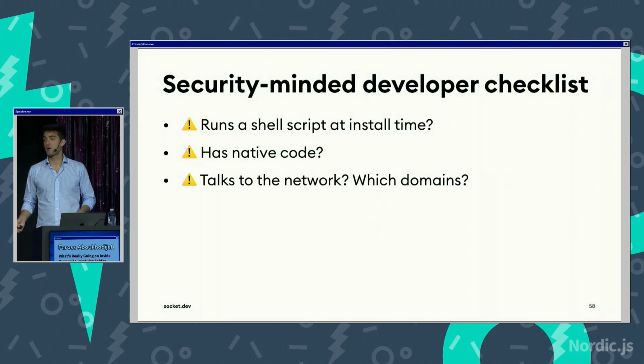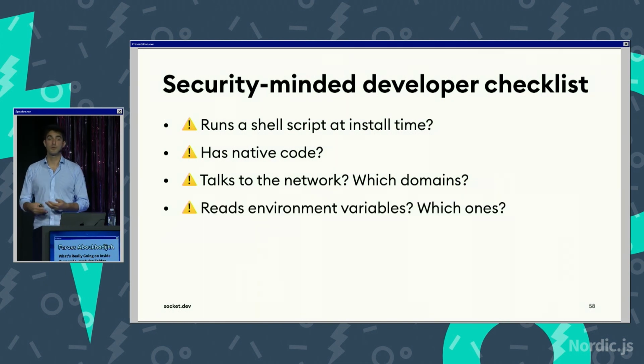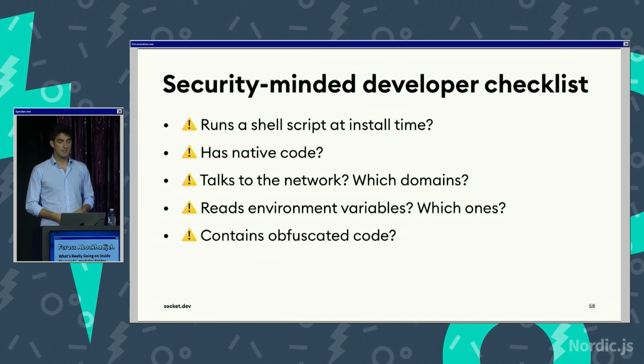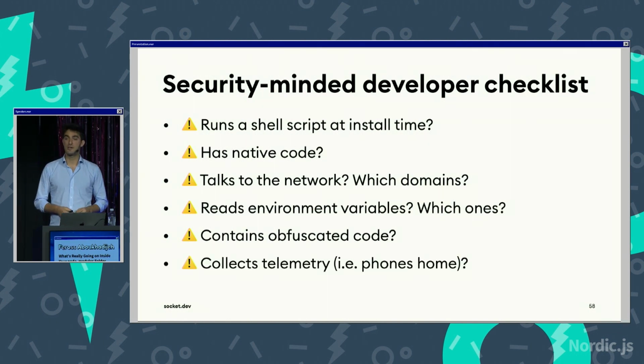Does it talk to the network? If so, which domains? Does it read your environment variables, your tokens and your secrets? And if so, which ones? Does it contain obfuscated code, right? Does it contain that scary blob that I showed you earlier where you don't even know what it's doing? Does it collect telemetry? Does it phone home how you're using the package? This is actually starting to happen more and more.